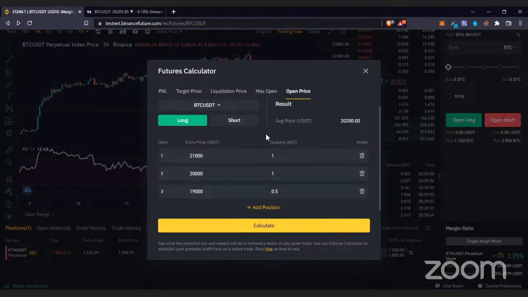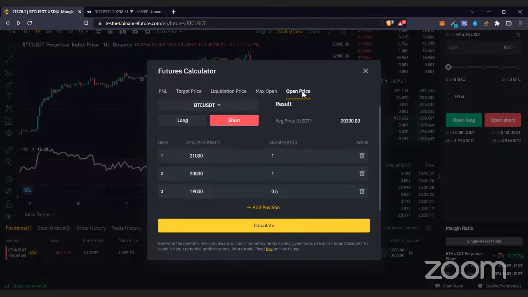Remember, we initially entered at 21,000. Right now, it has brought down the entry price to around 20,200. So if the market starts reversing from here and going forward, then we can be making profit. If it is a short position, when it starts reversing from here and going downward, then we can be making profit.